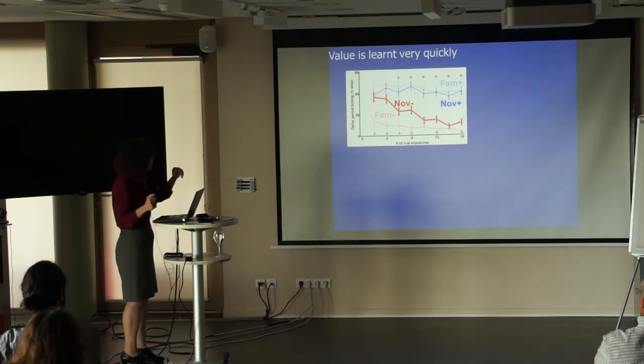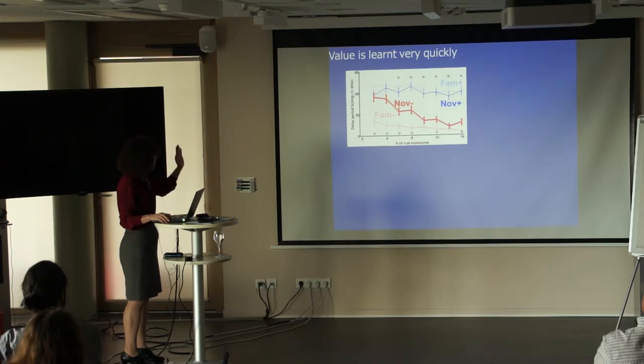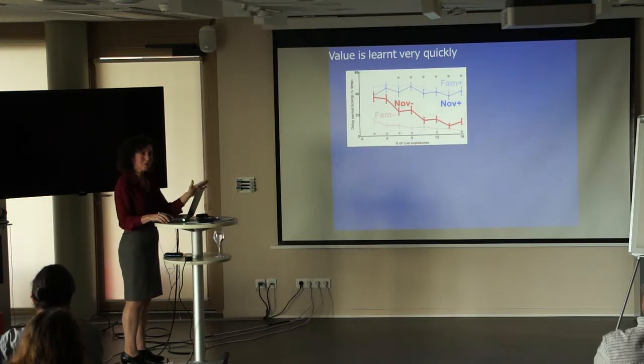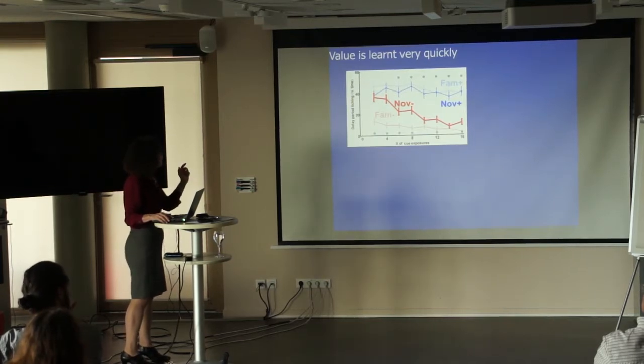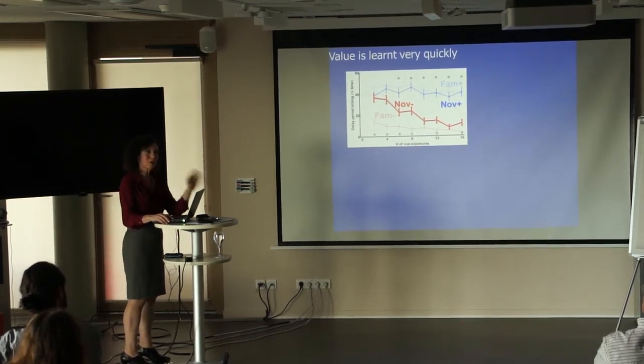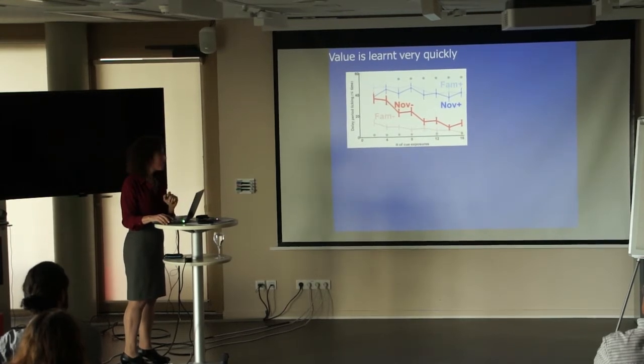The novel stimuli are in the darker colors, and you can see that in trial 1, the monkey optimistically licks. But then, if a stimulus turns out to be bad news, the licking extinguishes very quickly, within 3 or 4 or 5 presentations. So the monkey very quickly learns what is good news and what is bad news.